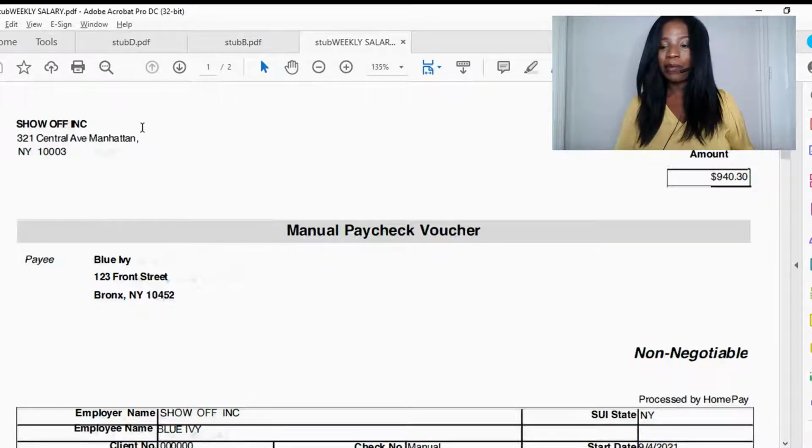You want to look at the pay date, right? Because we want to make sure that we have a pay stub that is within the required time frame. So, for instance, if our application date is September the 1st, we need a pay stub that is within at least 60 days of that September 1st.